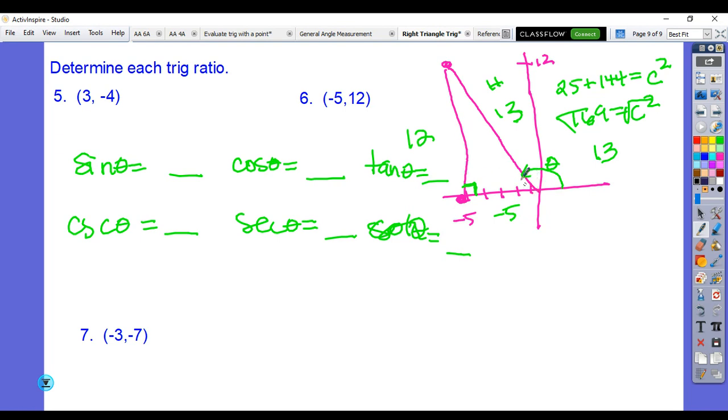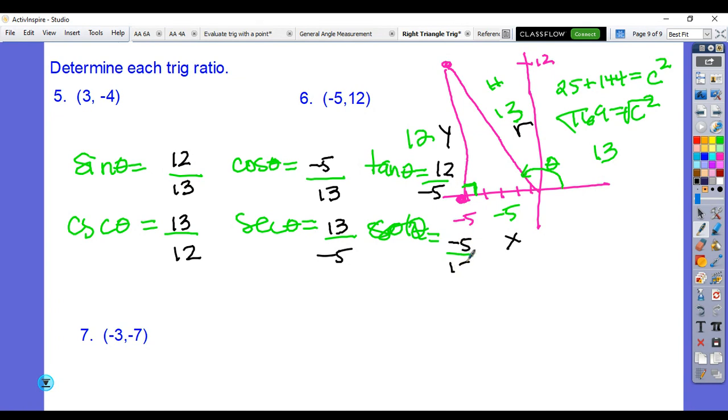Sine is the opposite, 12. And see, this is where I think it's helpful to know your x, y, and r. Sine is y over r, 12 over 13. Flip it. Cosine, -5 over 13. Flip it. Tangent, y over x, 12 over -5.